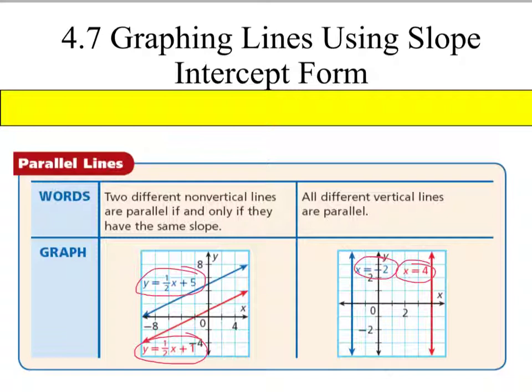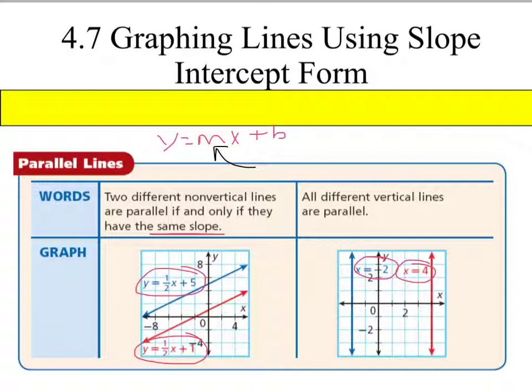If you look at two lines, it doesn't matter where they begin. If they have the exact same slope, in the form of y equals mx plus b, what is my slope? This m, the coefficient in front of the x. If that is exactly the same, one cannot be positive and one negative; they need to be both positive.